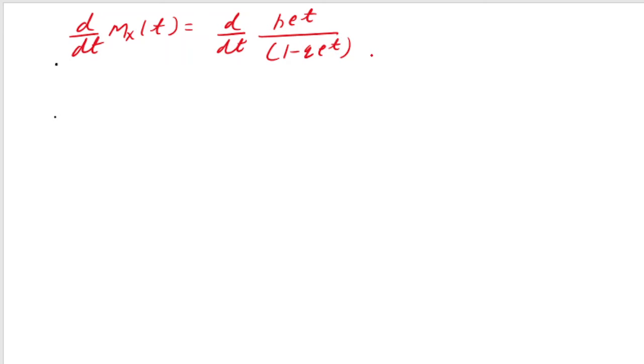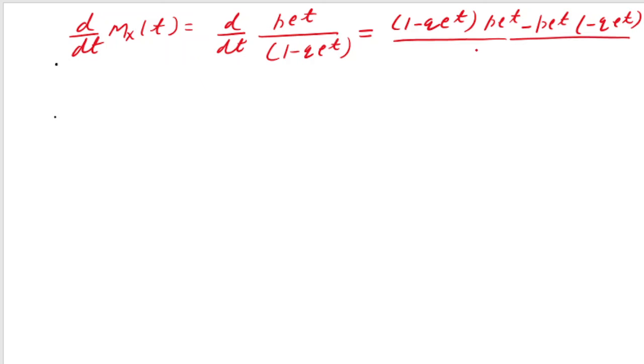How do you differentiate it? Using the u by v formula. The denominator 1 minus q e^t times the derivative of the numerator, p e^t, minus p e^t times the derivative of the denominator, which gives minus q e^t. The whole thing is divided by (1 minus q e^t) whole square.